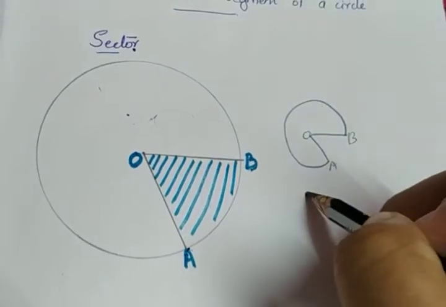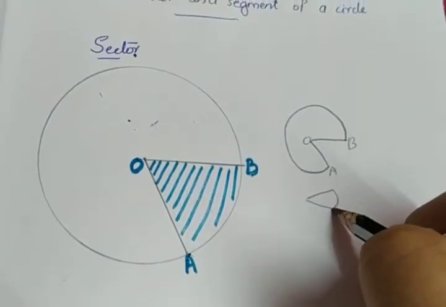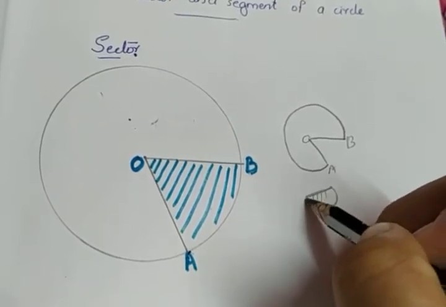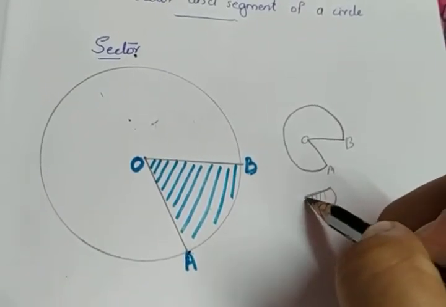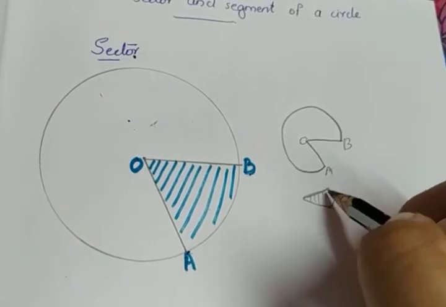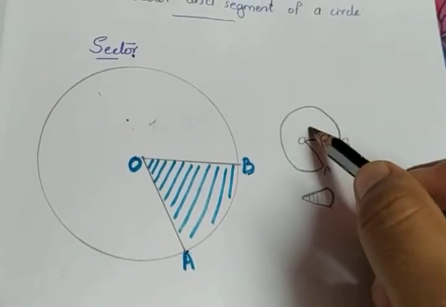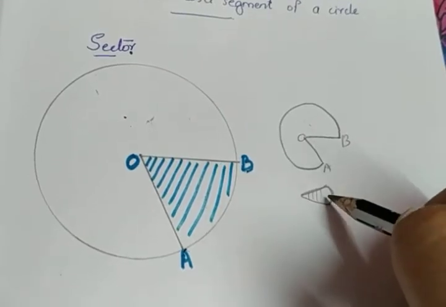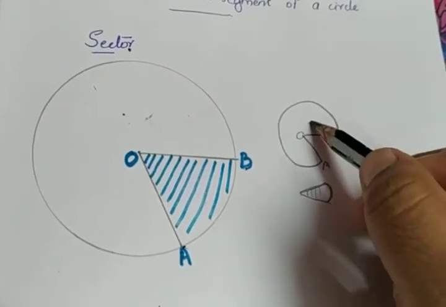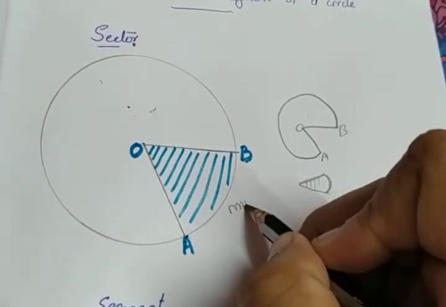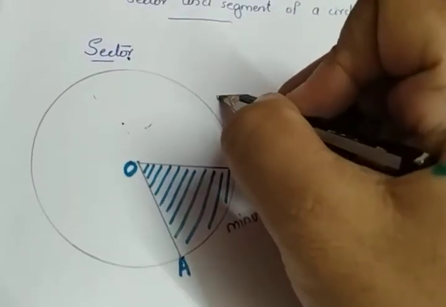One sector looks like a piece of a rounded cake, a part of a circle enclosed by two radii and an arc of the circle. The other one is also a sector. What makes the difference is the area. This is a small sector. This is a bigger sector.